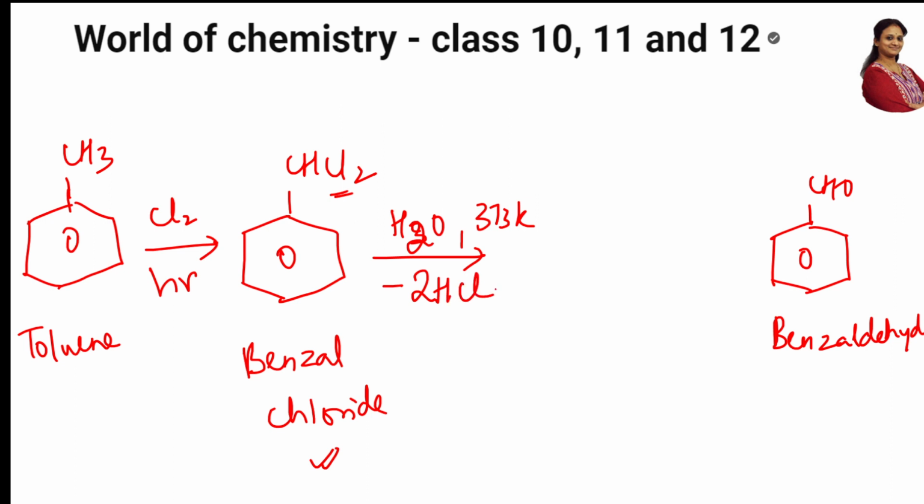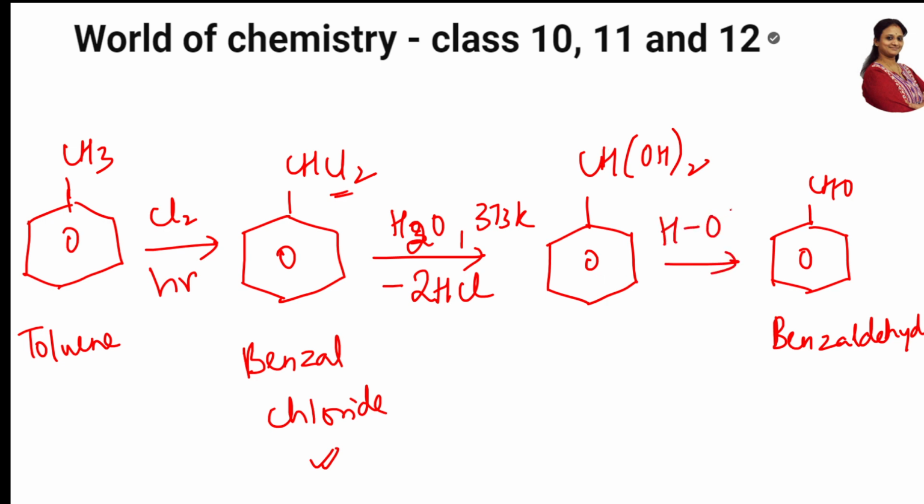Two chlorine atoms will be removed. When you remove them, you get a compound which is not stable. Now what will we do? You further do hydrolysis to this. So this bond breaks, and finally benzaldehyde is formed.